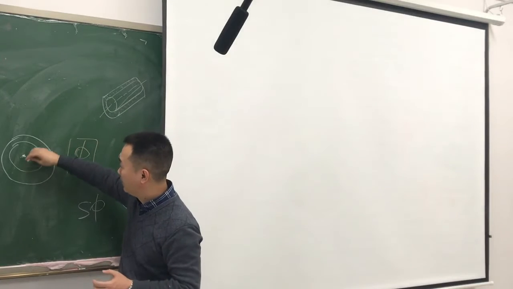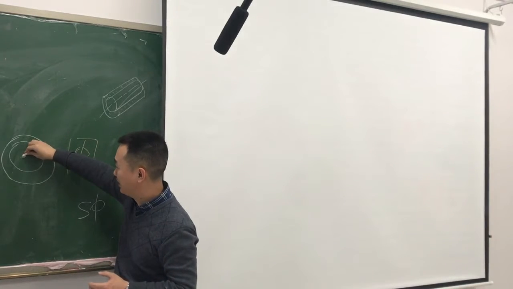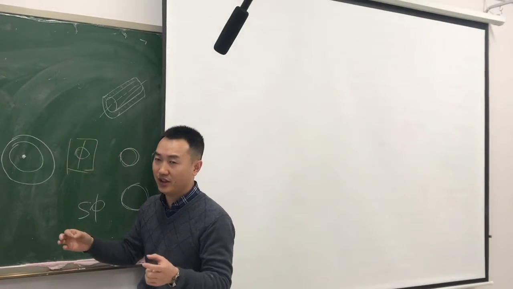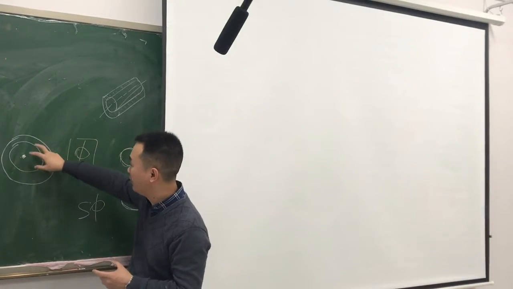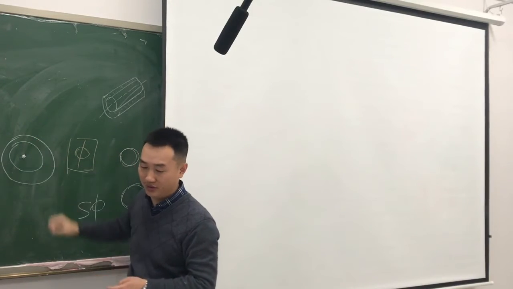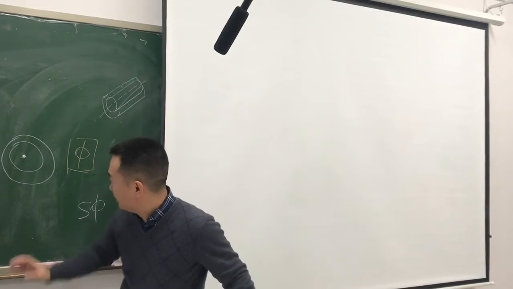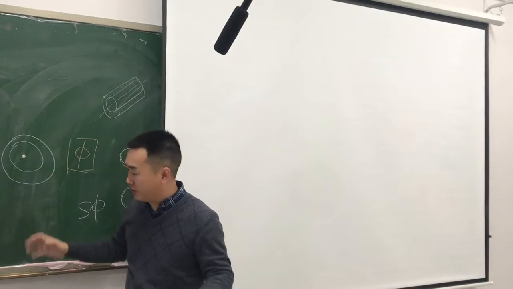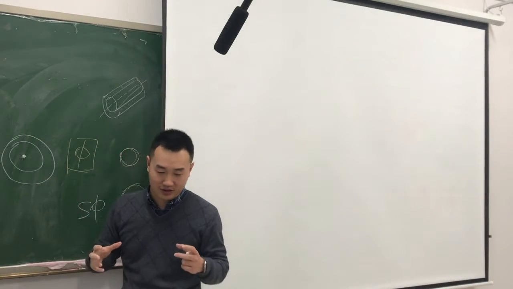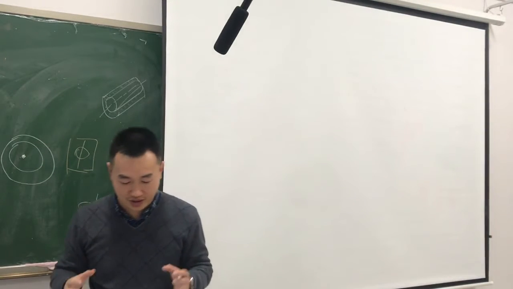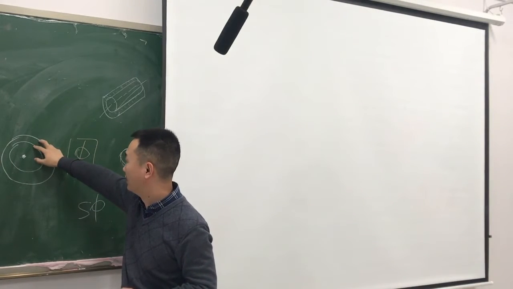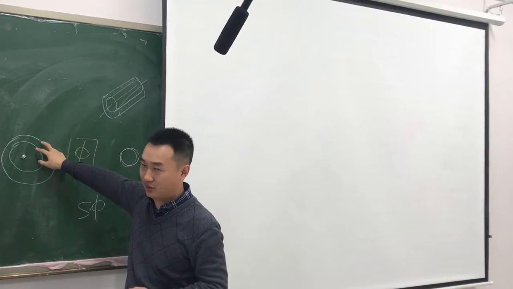Because for circularity, the center point is not fixed. It's floating. You can change it, so you can find smaller concentric circles that contain the contour line, and the difference of the radius will be smaller.